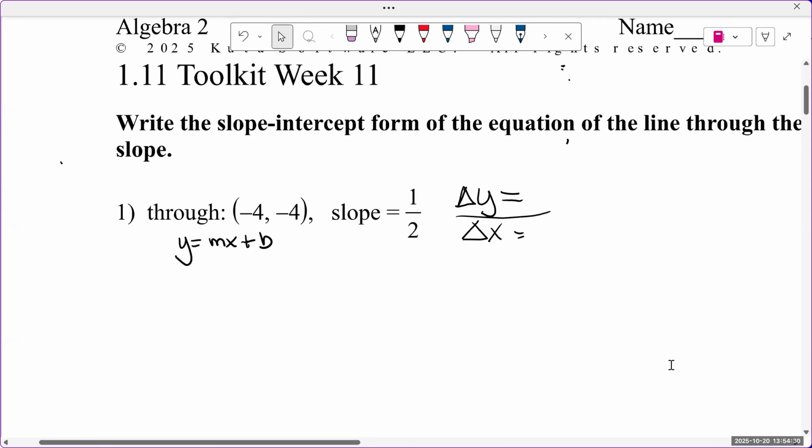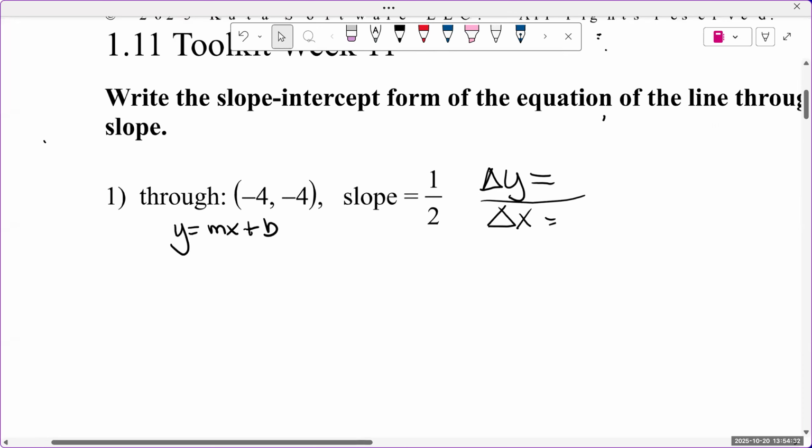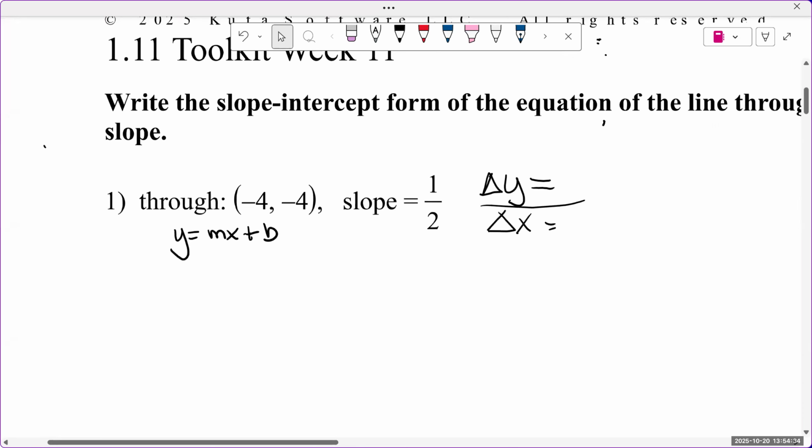Number one, we want a line through the point (-4, -4) with the slope 1/2. Remember, each time the y changes 1, the x changes 2. Change in y is 1, change in x is 2.